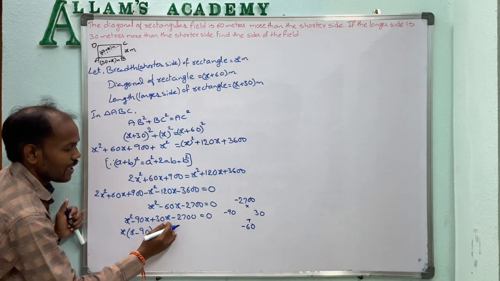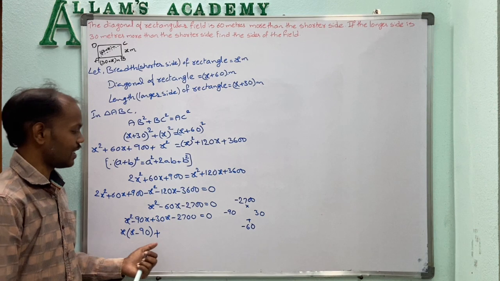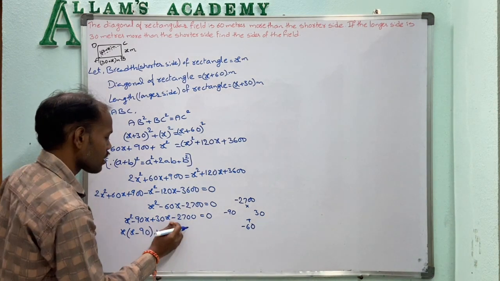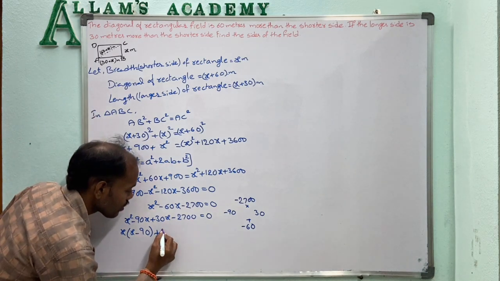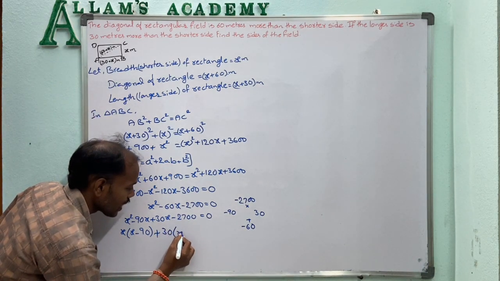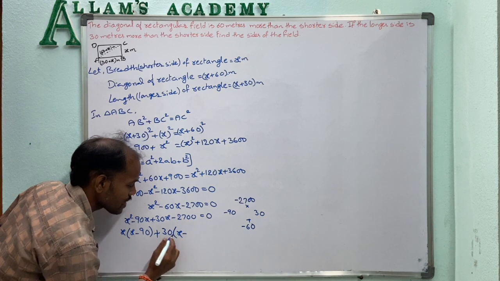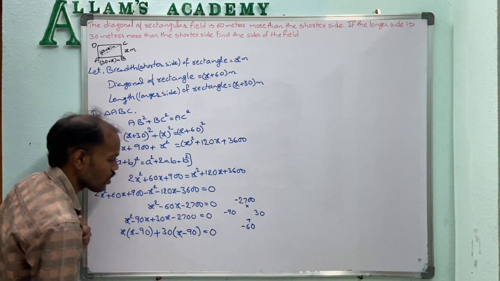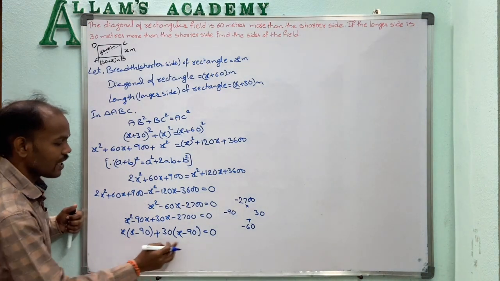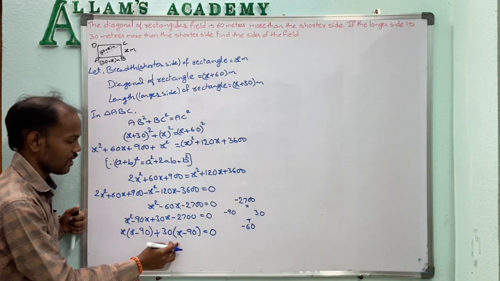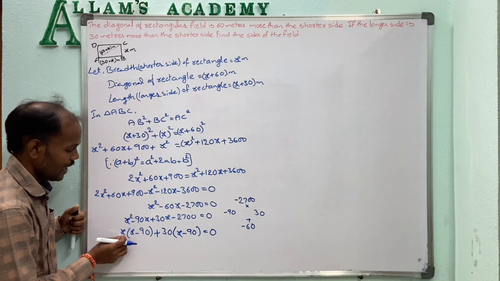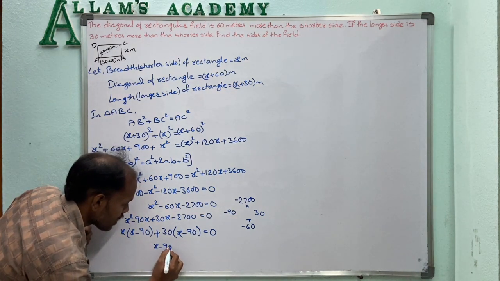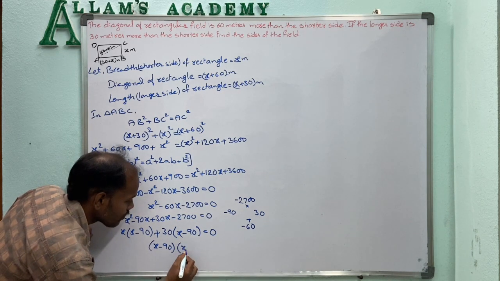Plus 30x means 30 into x, and 2700 means 30 into 90. In both, 30 is the common factor, so taking 30 common, plus into minus is minus, 30 into 90 equals 2700, equal to 0. Now x minus 90 is the common factor, taking x and 30 out, so x minus 90 into x plus 30 equals 0.